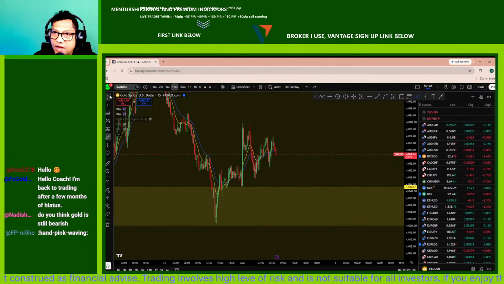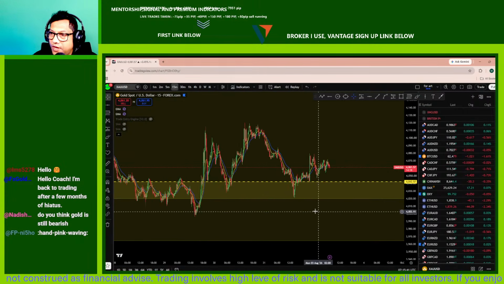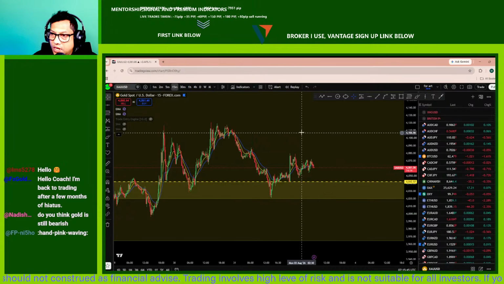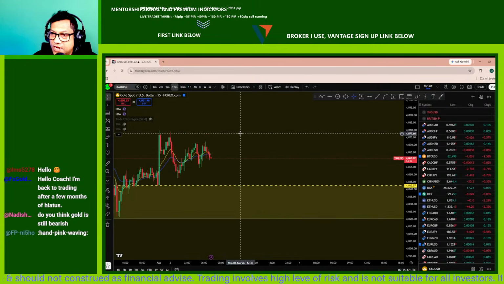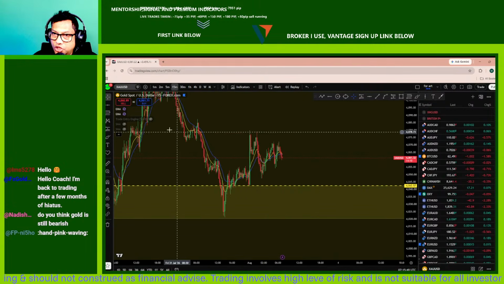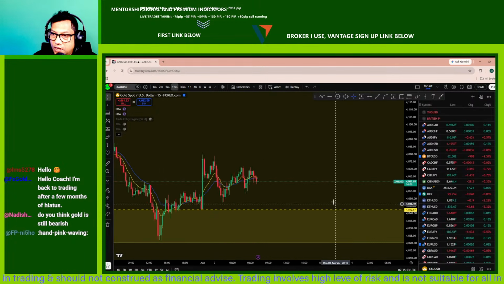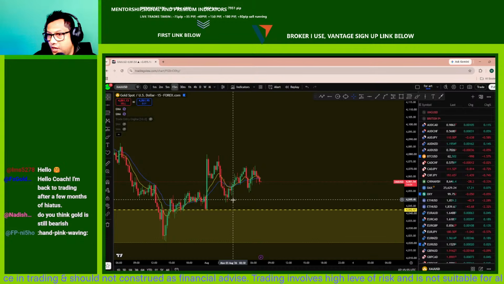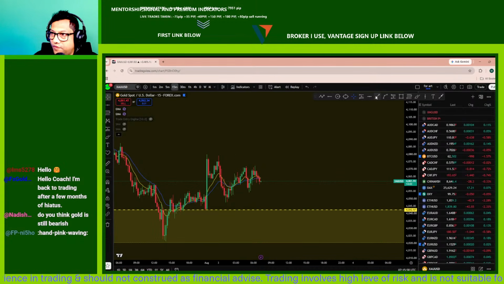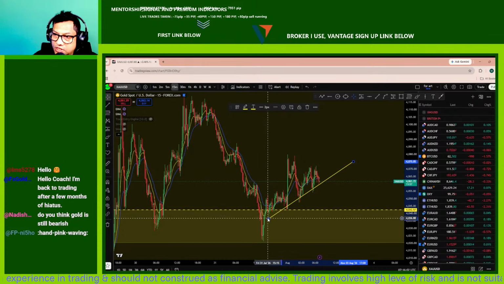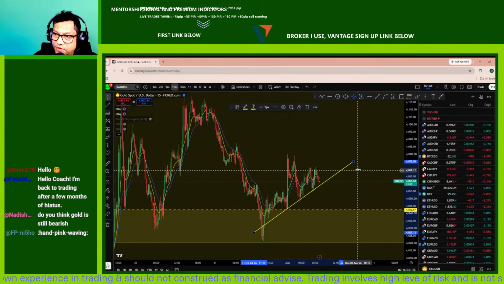And with this narrow range, as this is a support, break to the upside, support, again break to the upside, that can create a potential move. Here at this level I'm looking at the 15 minutes trend, that you can see the market is on this lower time frame trend.